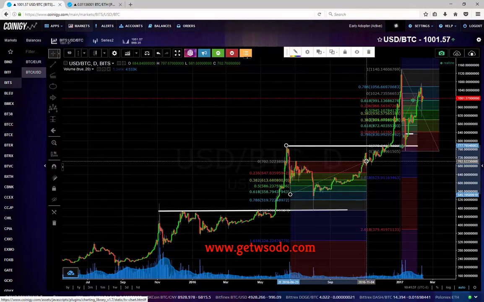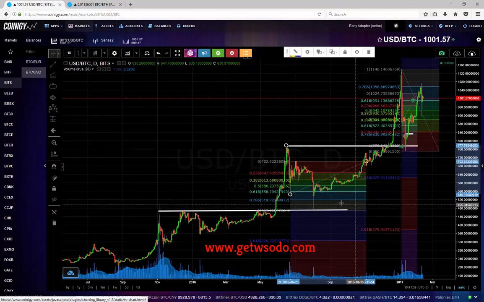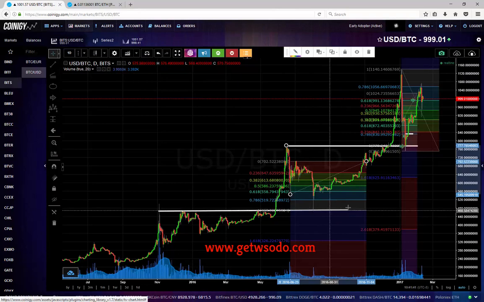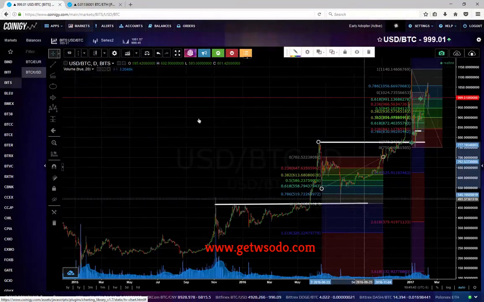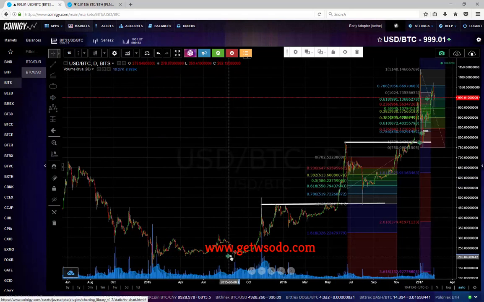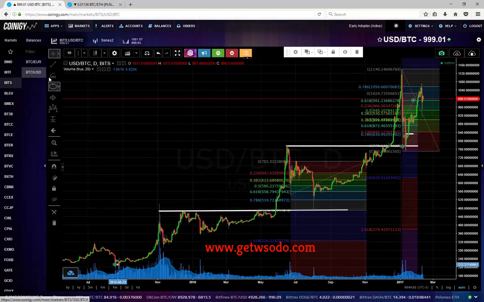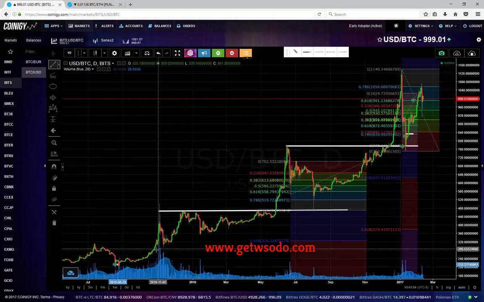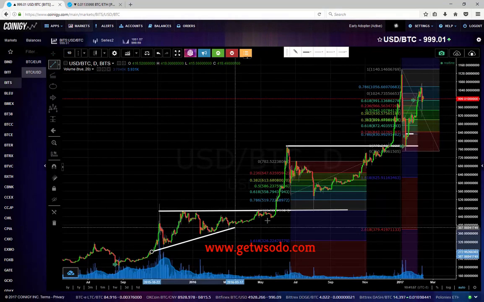And you could see that this one also lines up perfectly with the 100% extension level. I also bought the dip on this double bottom right here along the dip for that bounce play.